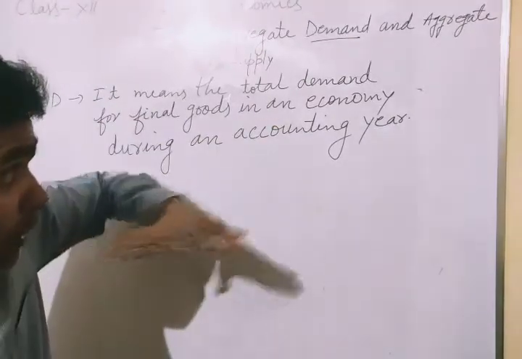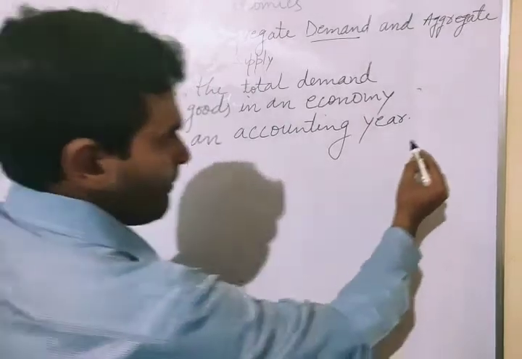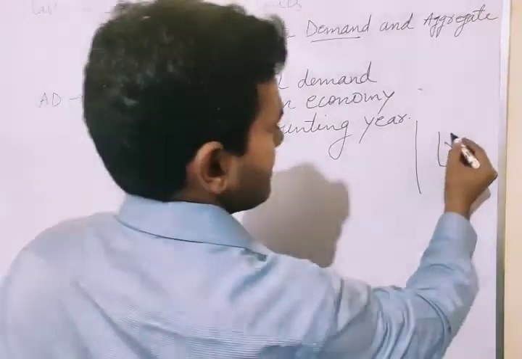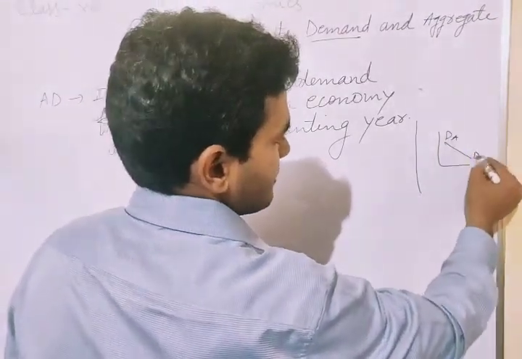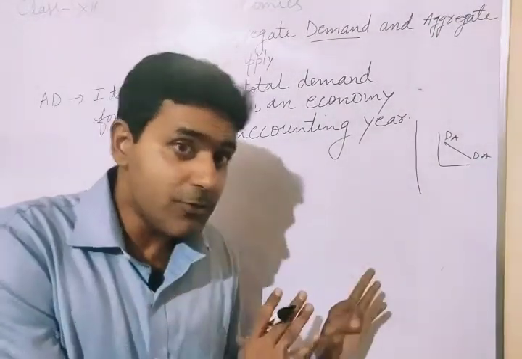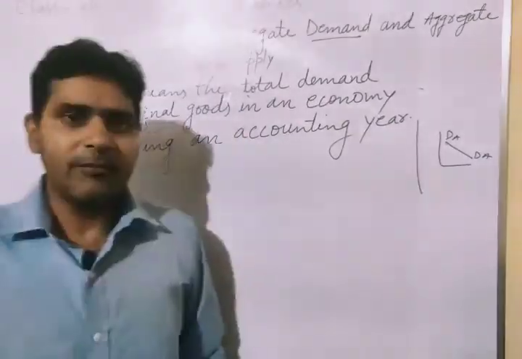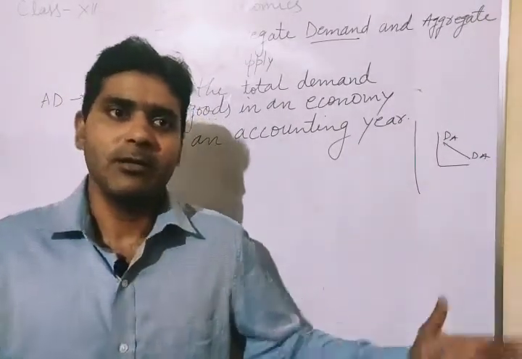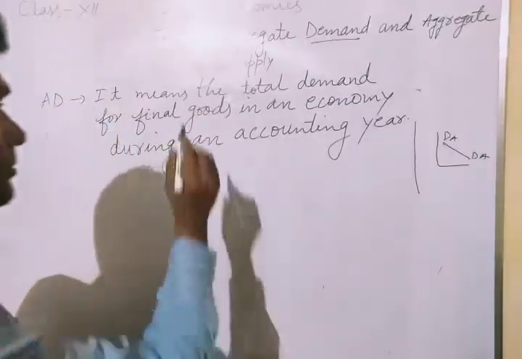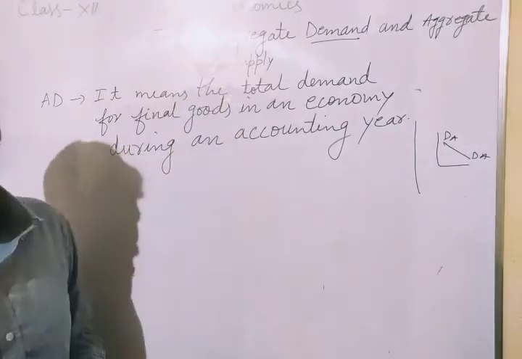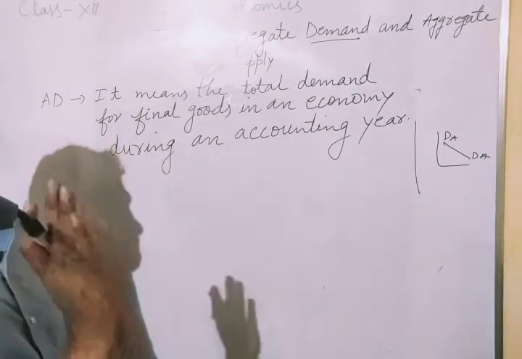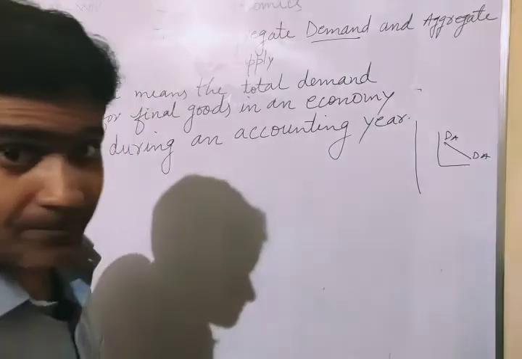In microeconomics, we deal with the individual consumer, like the demand of consumer A and consumer B. Here we are dealing with the sum total of planned expenditure which all the consumers are planning during one accounting year in an economy.